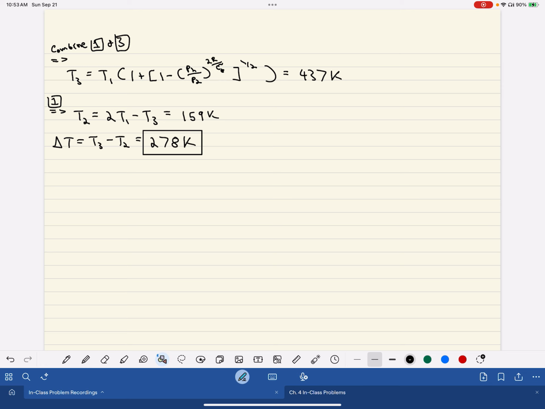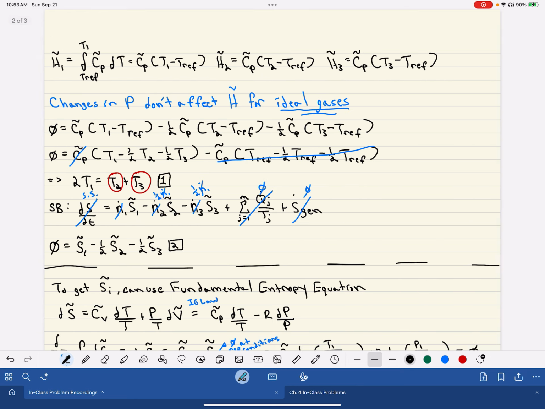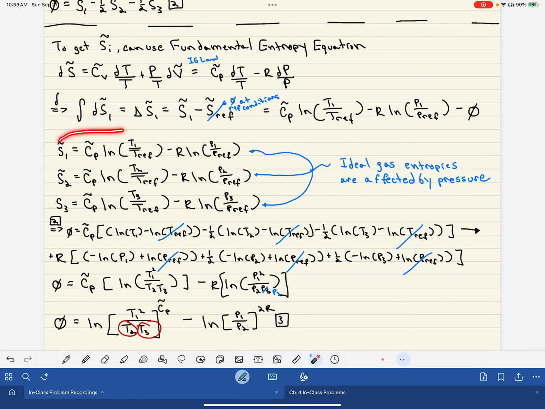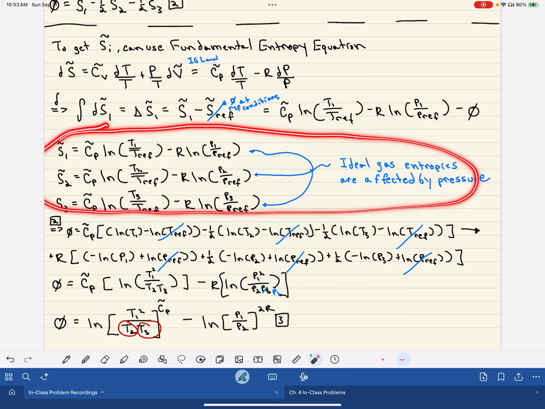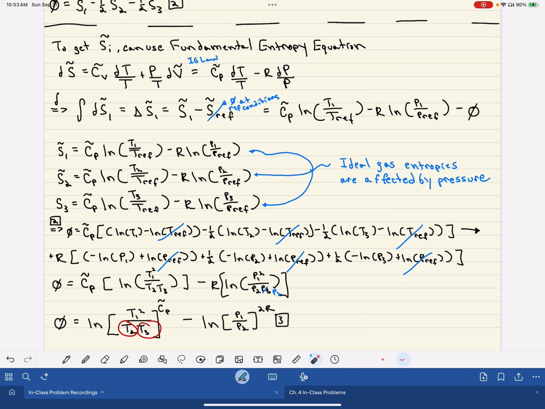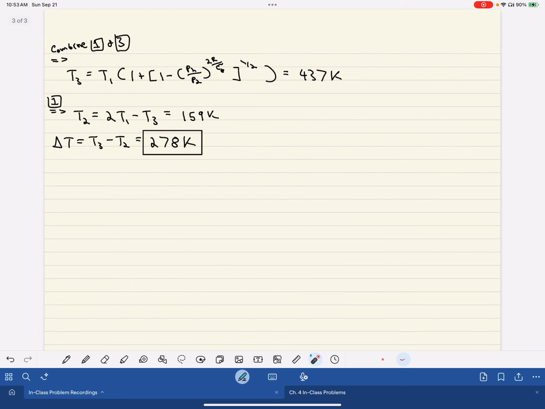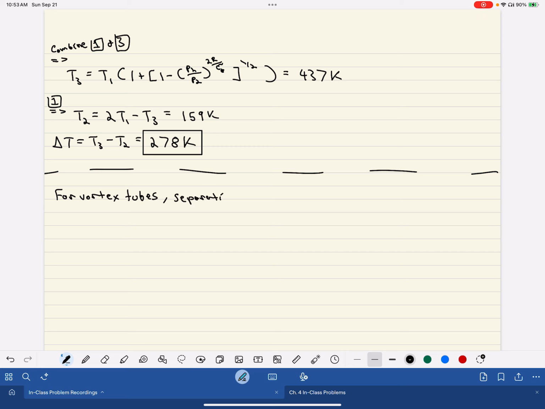And really, the reason that we were able to do that goes back to that point I made about how the entropies that we calculated do have a pressure dependence here, okay? And so in order for the separation of the inlet stream into a hot and cold stream to proceed, it's actually not really driven by temperature changes, but rather the separation is driven by differences in pressure between the inlet and outlet.